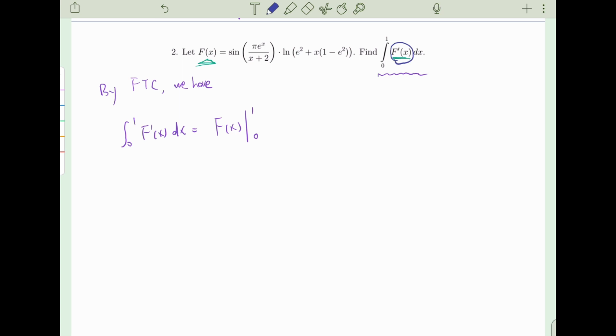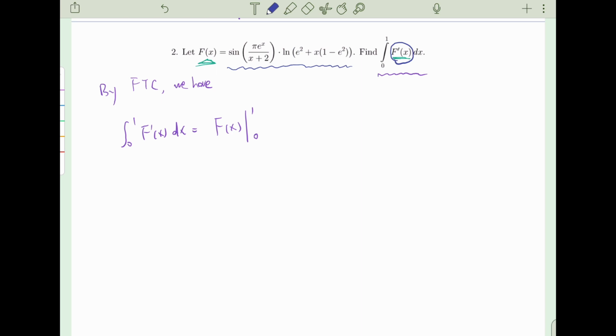How do we know it is continuous? Well, you can take the derivative of this function to verify that, but let me just briefly mention the idea, right? Firstly, you notice that the domain of this f of x includes the interval 0, 1.